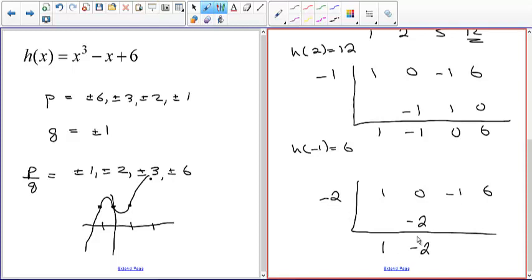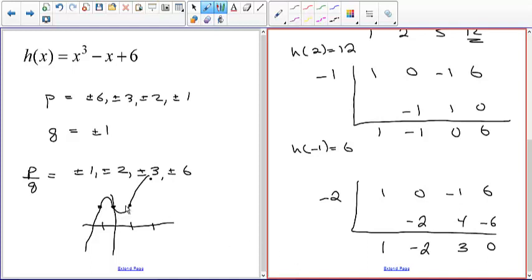Negative 2 times negative 2 is positive 4. Negative 2 times 3 is negative 6. 0. There we go. Okay, so what that's saying is that x equals negative 2 is a zero.